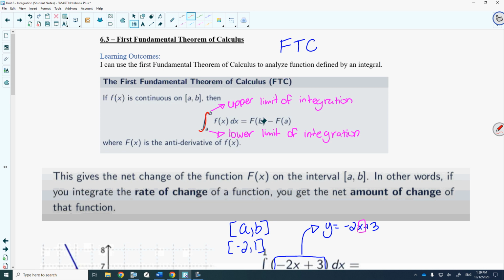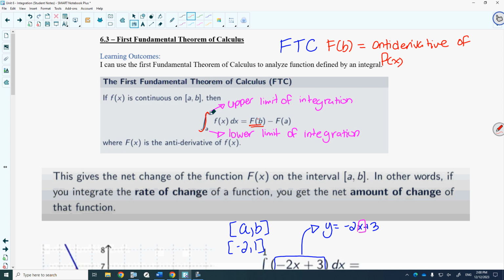Big F of b is the antiderivative of this function evaluated at b. So it's the antiderivative of f of x. So we're going to have to find the antiderivative.